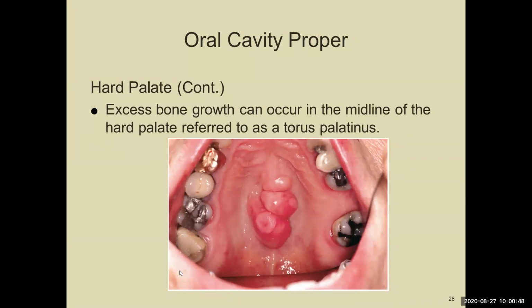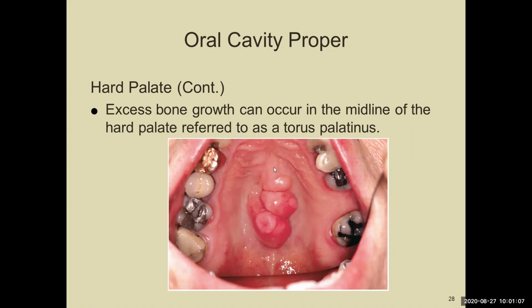That excess bone, if it's in certain areas of the mouth, we have certain names for it. So if it's in the center of the palate, it's called a palatine torus. T-O-R-U-S is singular, tori is plural.